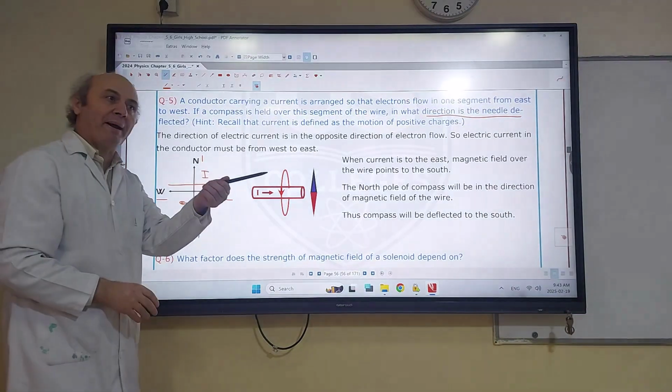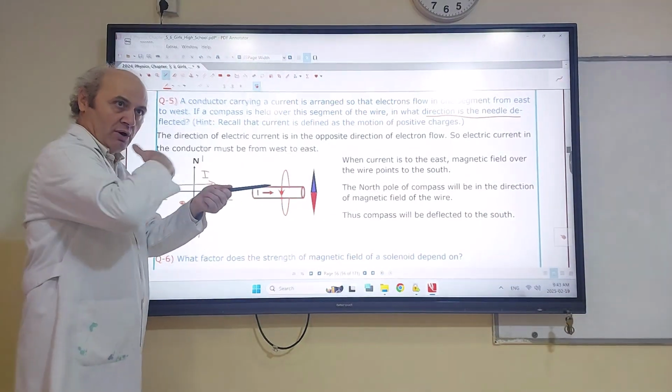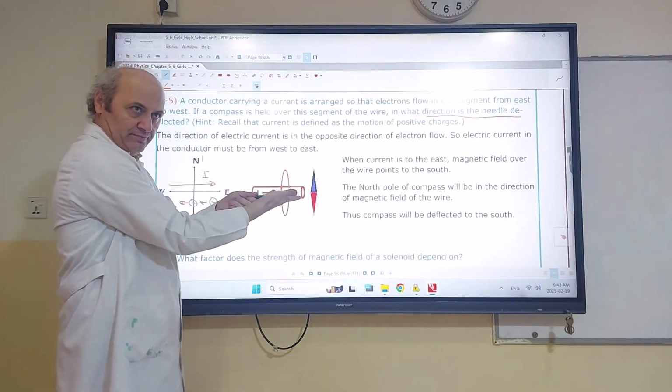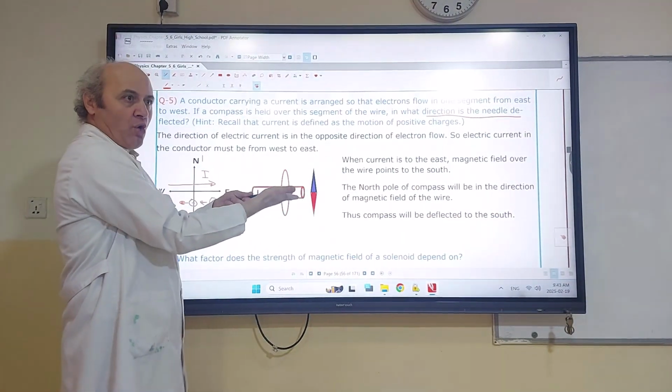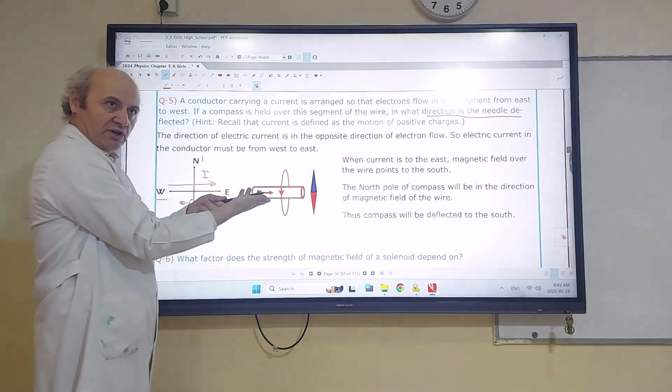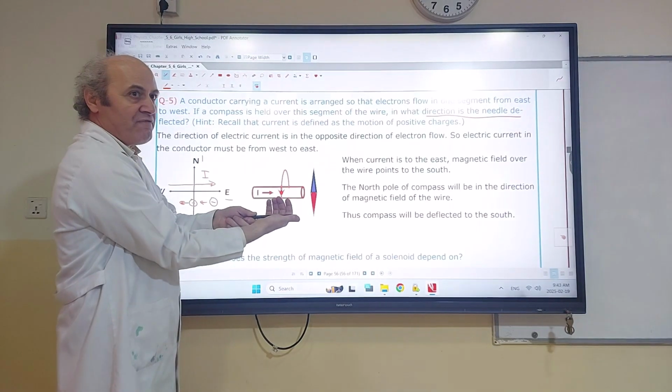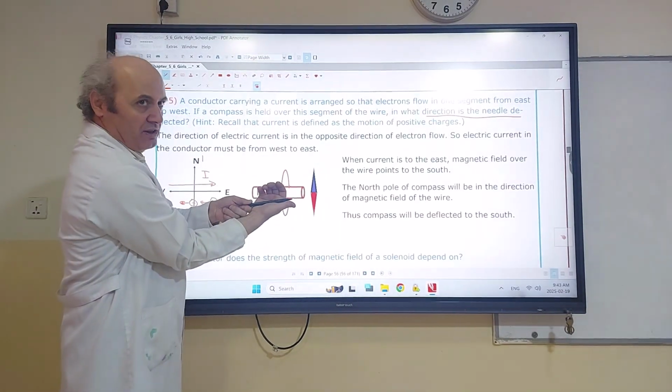Then I'm going to hold my pen as the conductor. Put the conductor in your palm. So the thumb must show where? East. Then curl your fingers and keep your fingertips just over the conductor.